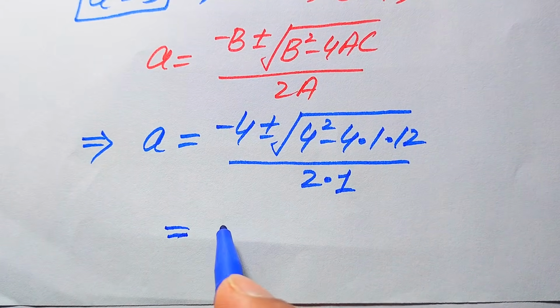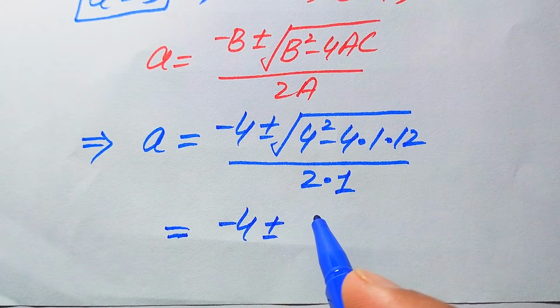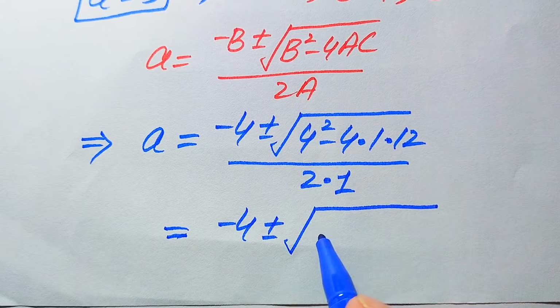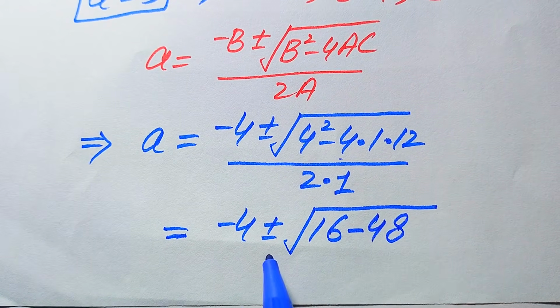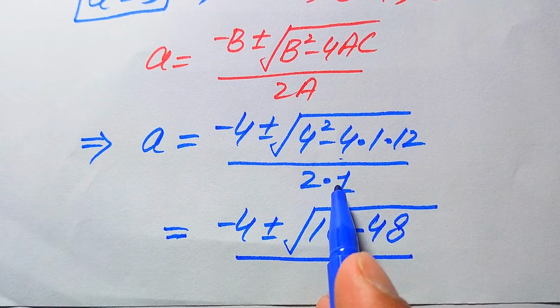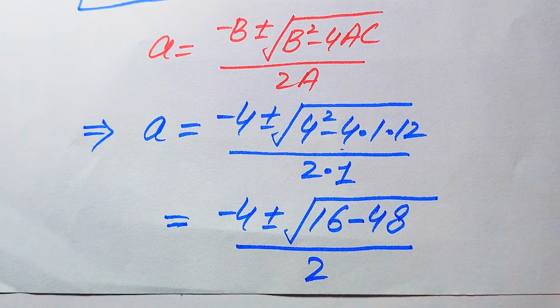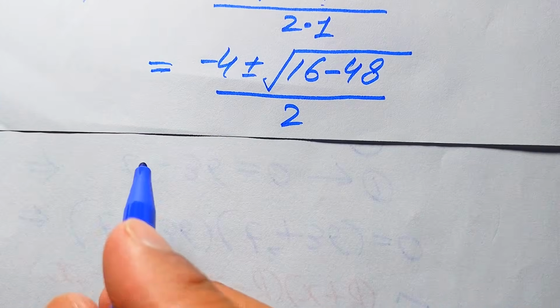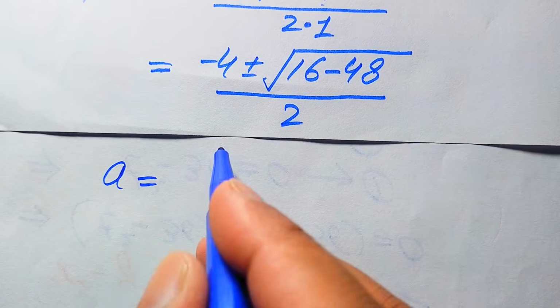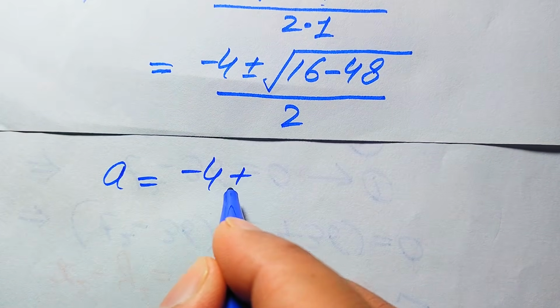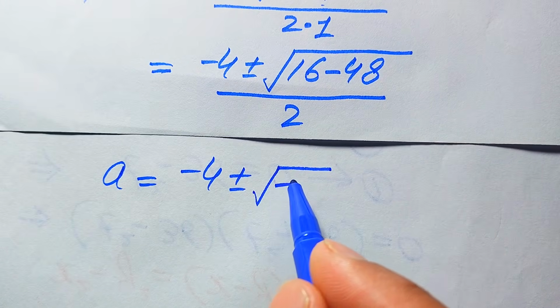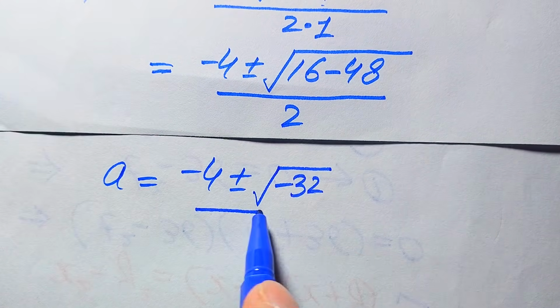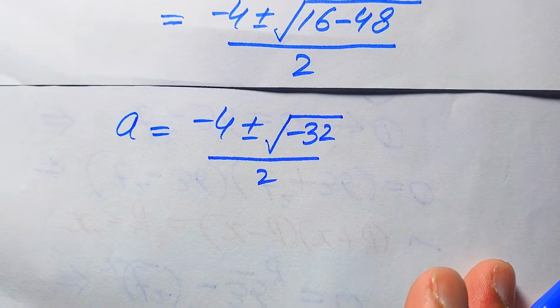And now in the next step we have minus 4 plus minus square root of 4 squared becomes 16 minus 4 times 12 becomes 48, divided by 2 times 1 equals 2. And now in the next step we have a equals minus 4 plus minus square root of 16 minus 48 becomes minus 32, divided by 2.